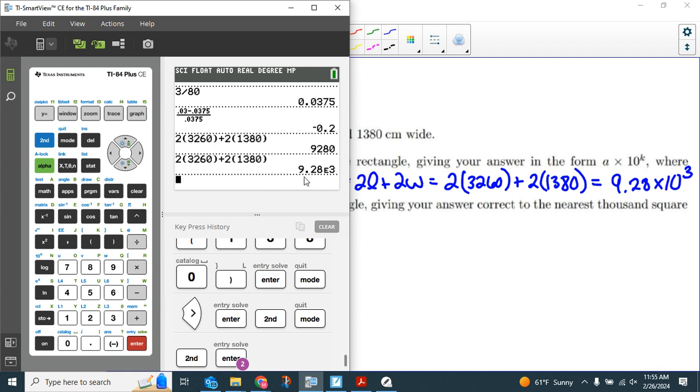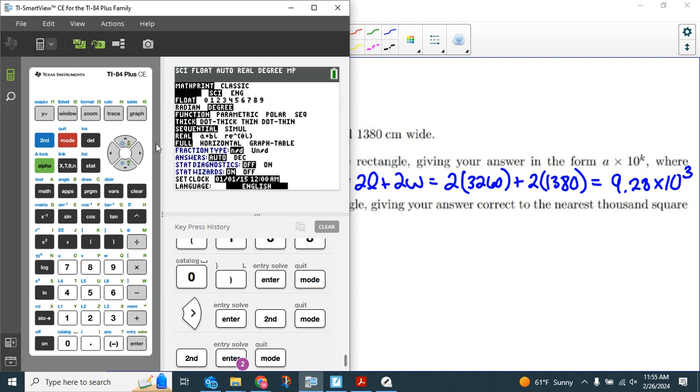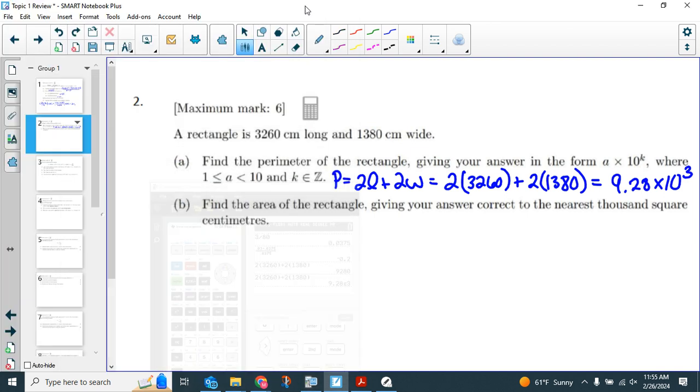But we do just need to know that that is 9.28 times 10 to the third power. Now, do be mindful that as soon as you're done, you'll want to go back to normal mode, right? You don't want all of your random answers being in scientific notation.